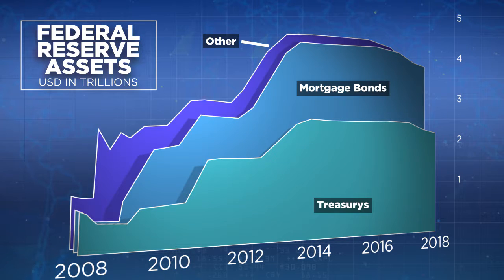The Federal Reserve as a total balance sheet size was only about 1 trillion, that's trillion with a T, just before the financial crisis in 2008. As the graph will show you, that quadrupled in the time of the financial crisis. And the reason for that is that the Federal Reserve, what we're able to do in our economy as opposed to Europe, we have what's called an active capital markets group, meaning commercial paper.